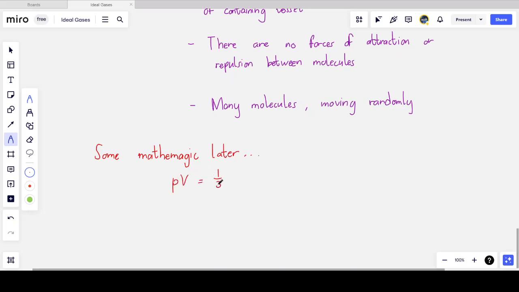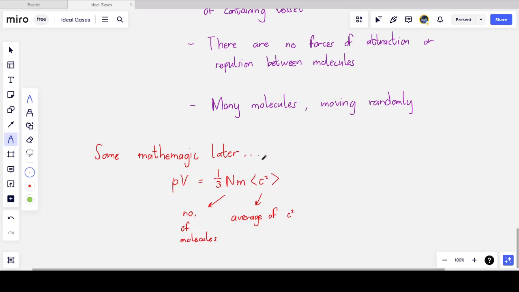PV is equal to 1/3 NMC squared, where these triangular brackets here simply mean the average of C squared. So what does this mean? What am I basically being told here? That means PV, which I was told earlier is nRT, is actually 1/3 times the number of molecules in a gas.